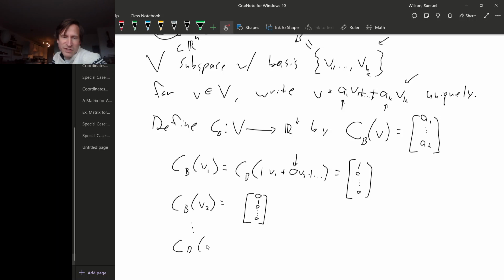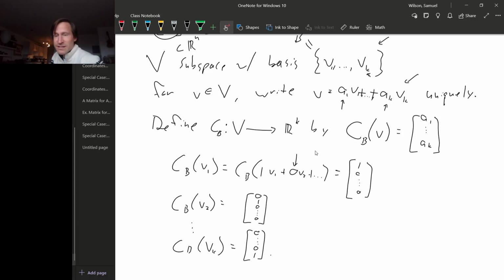This coordinate transformation is going to take vk to the vector that has zeros everywhere except in the kth entry where it has a 1. I'll let you check that this satisfies the property for linear transformations. In fact, it does. It's not hard to prove. That's a good exercise that you should do.